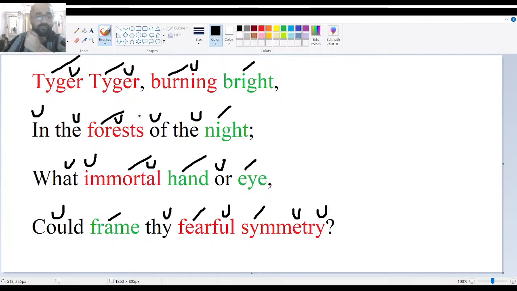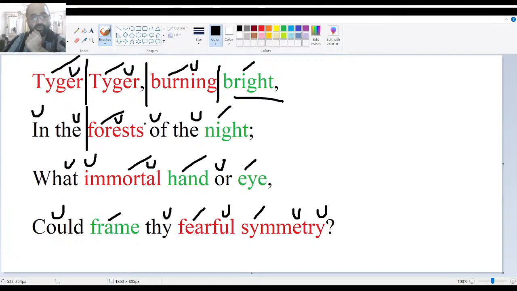So we have to isolate the trochees. We can do that by cutting after tiger and then again after tiger, burning and bright, which is a bit curious because it's not a complete foot. Okay, it's incomplete. We will come back to this incomplete foot, but let's scan the other lines as well.